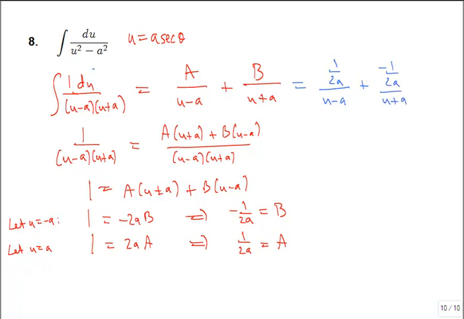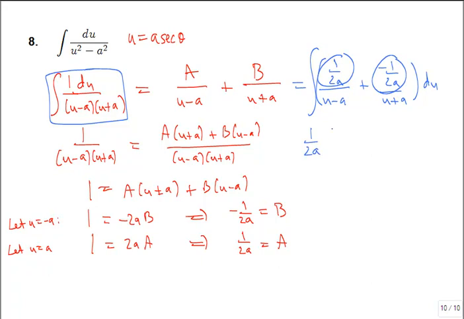So to integrate this, we can integrate these instead. If I break them up, I'm going to take this and pull it out. Those are constants. So this would be 1 over 2a times 1 over u minus a du, minus 1 over 2a times 1 over u plus a du.